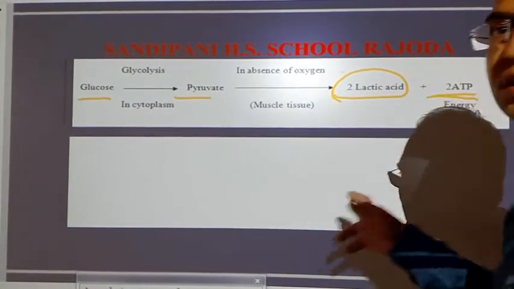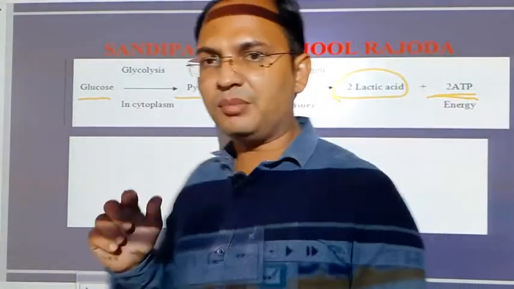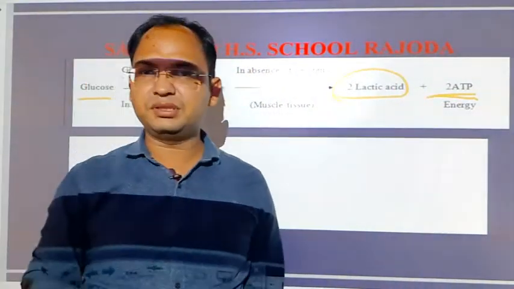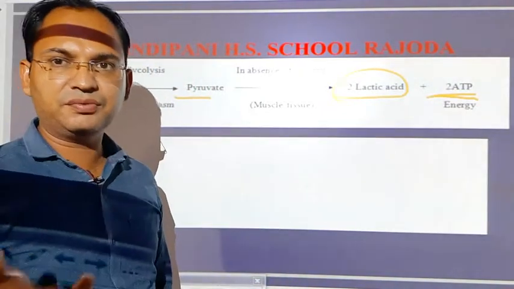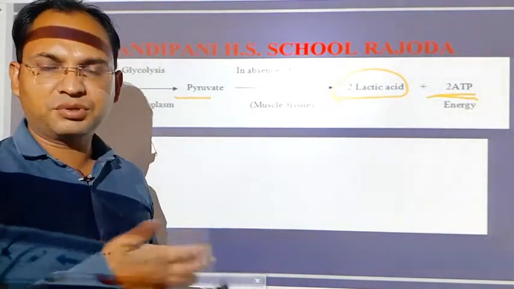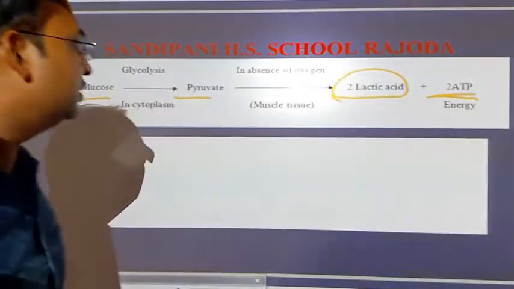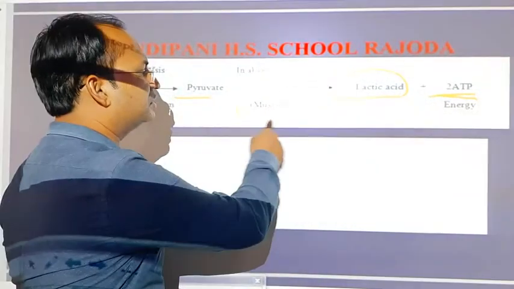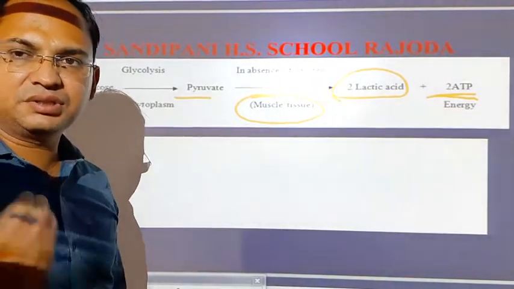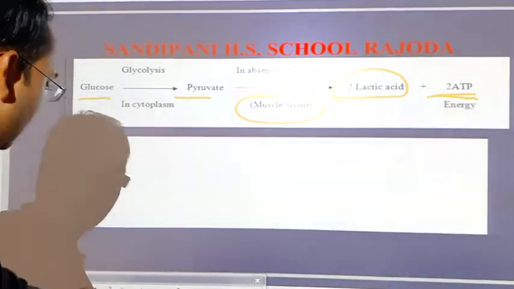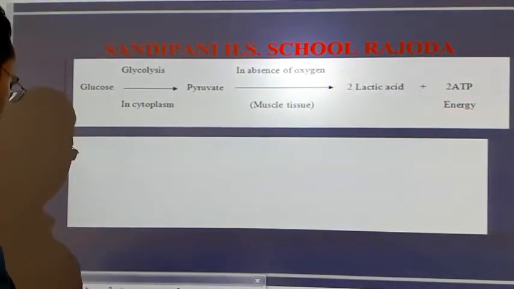The amount of energy is equal to what we produce in anaerobic respiration, but instead of alcohol, lactic acid is produced in muscle. Remember students, this reaction takes place only in the muscle tissue and not from outside the muscle tissues.